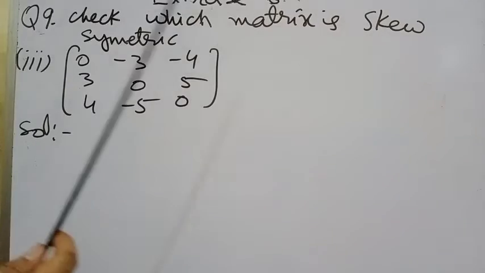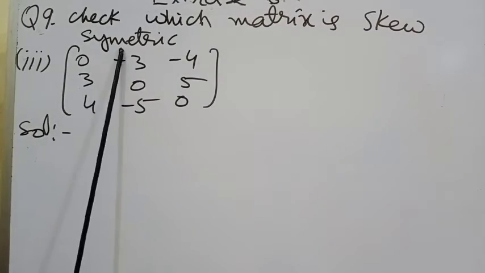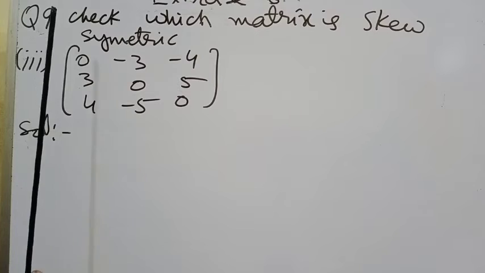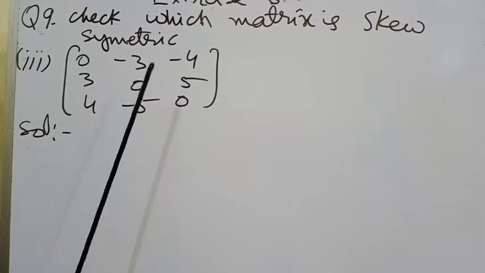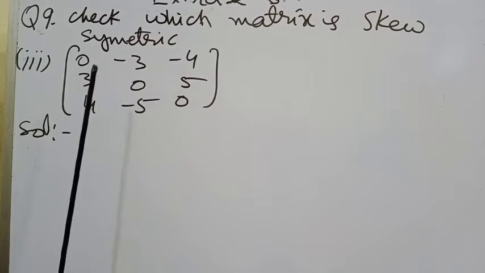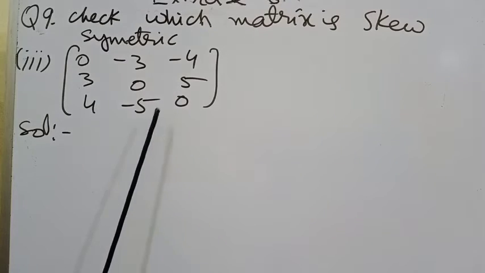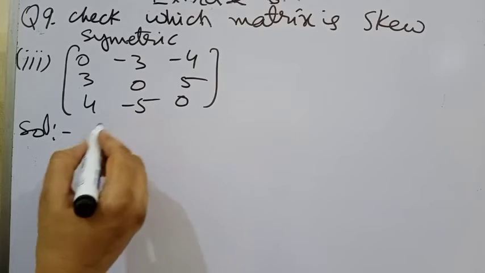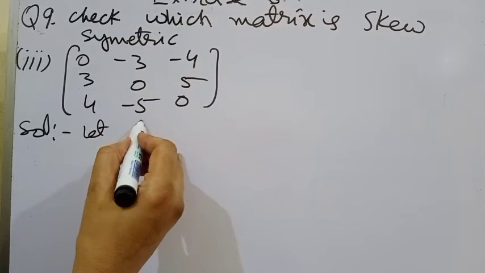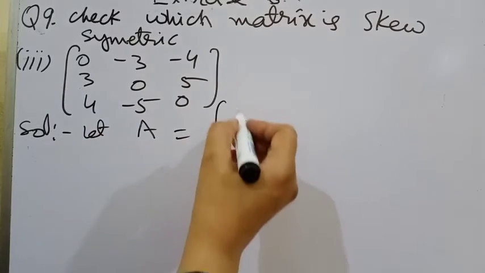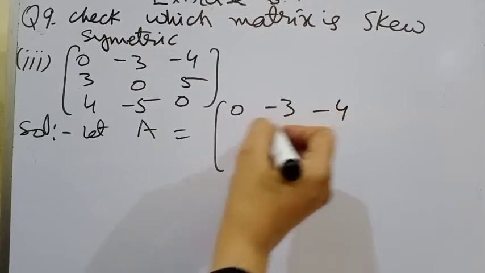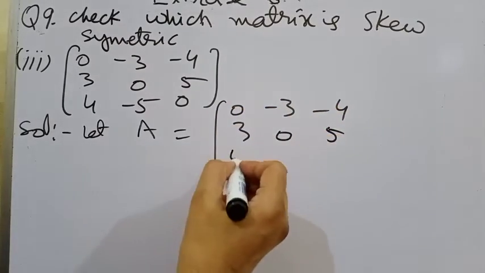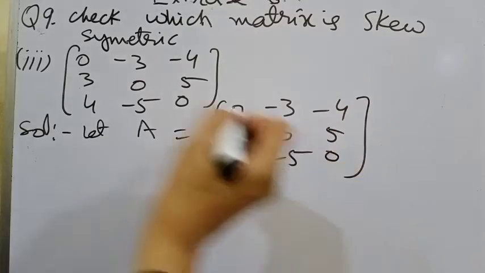Question number 9. Check which matrix is skew symmetric. For third part of question number 9, we have matrix 0, minus 3, minus 4, 3, 0, 5, 4, minus 5 and 0. Solution. We know that a matrix A is said to be skew symmetric if A transpose is equal to minus A. Let us say that A is 0, minus 3, minus 4, 3, 0, 5, 4, minus 5 and 0.